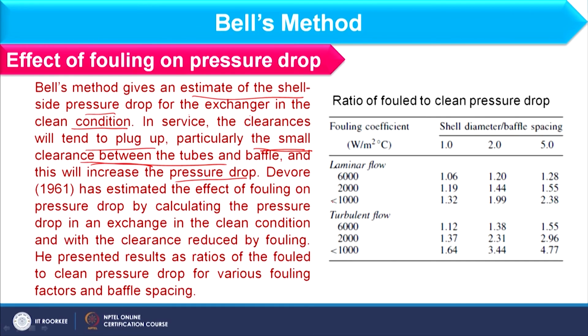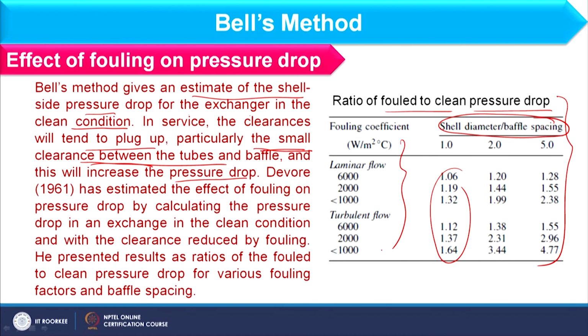And therefore, we can have one table where the ratio of fouled to clean pressure drops is shown depending upon the baffle spacing and the regions. Okay. So, in this way we can find the pressure drop in fouling condition when I have already calculated that for clean condition using Bell's method, right.